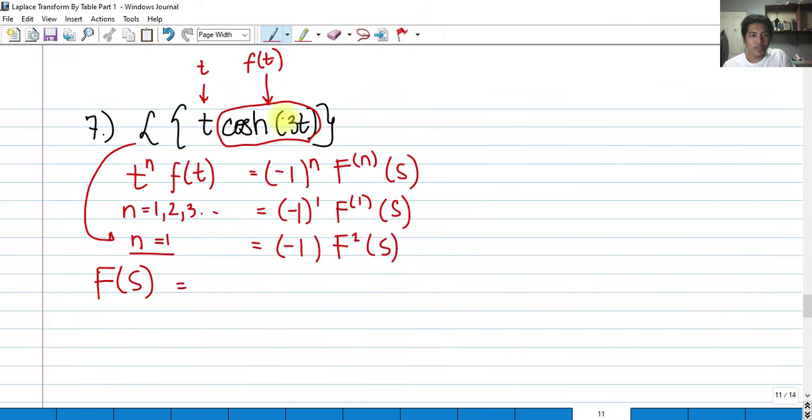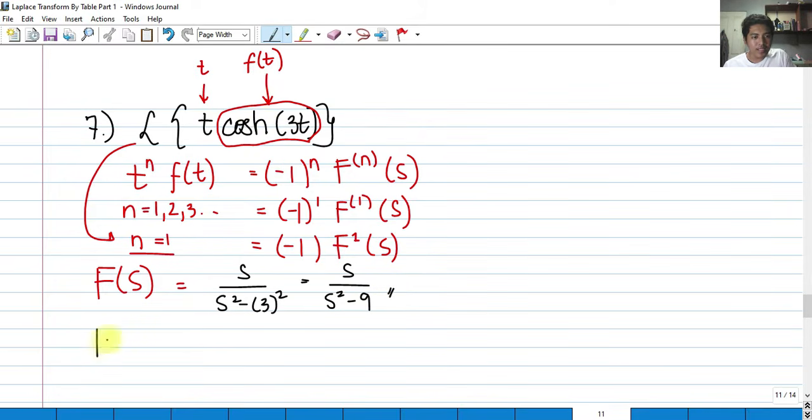If we get this, hyperbolic cosine of 3t, that is actually s over s squared minus 3 squared, so that would be s over s squared minus 9. Now we are successful in getting the F of s of this f of t.